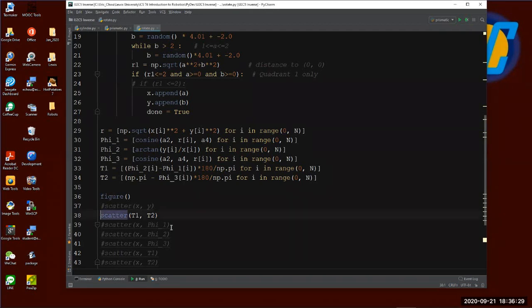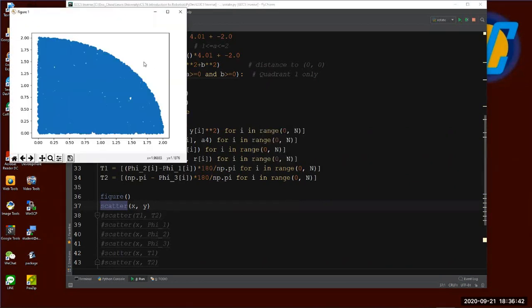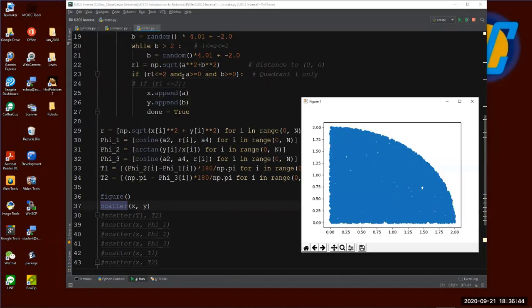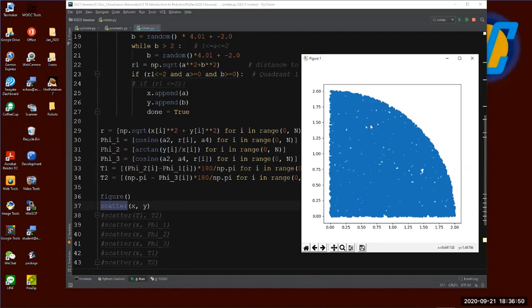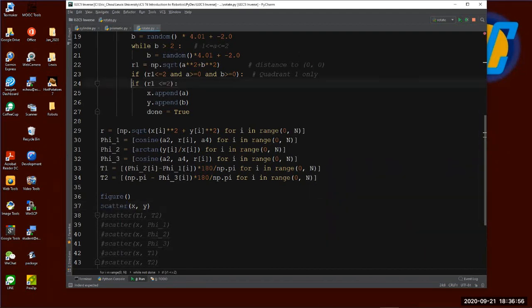So let's assume that we just use this scatter to look at the X and Y. And the scatter chart will look like this. Here, because we limit A to be greater than or equal to 0, that is in the first quadrant. So we only consider the first quadrant. If we don't want only the first quadrant, and we consider the whole circle, you can use this one.